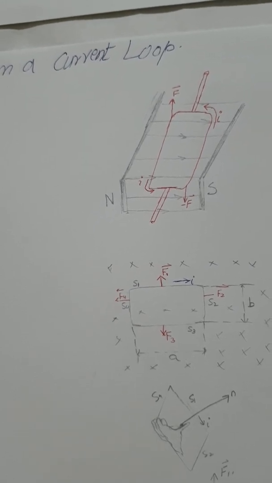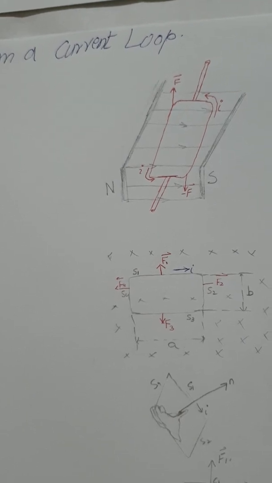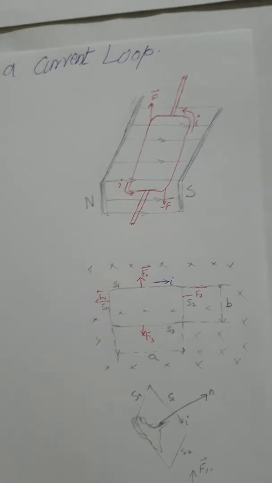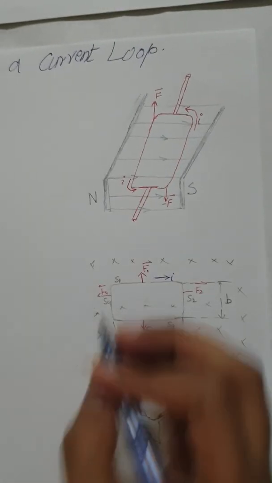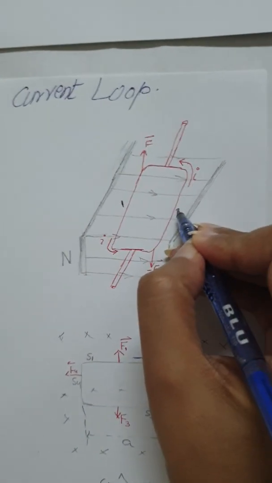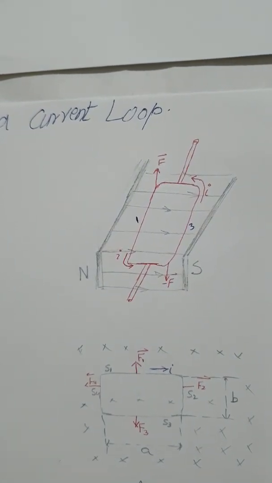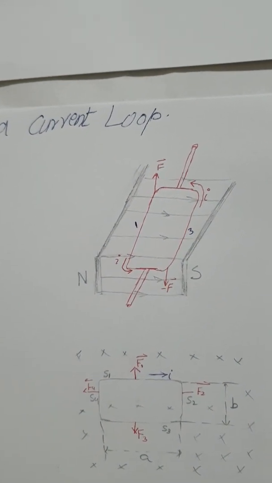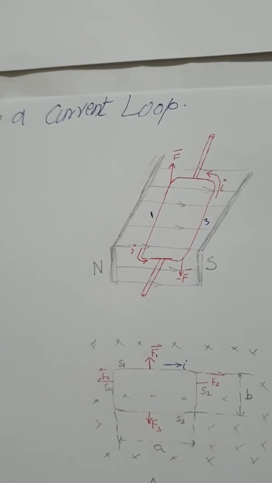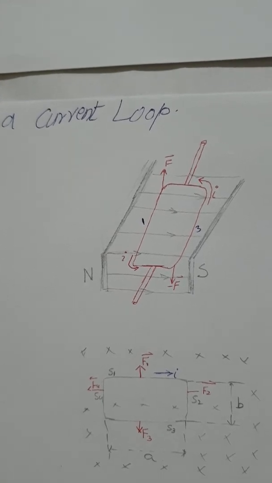So we place the loop in the field in such a way that its long sides are perpendicular to the field direction, and we label them 1 and 3, and the short sides, labeled 2 and 4, are parallel to the field directions.